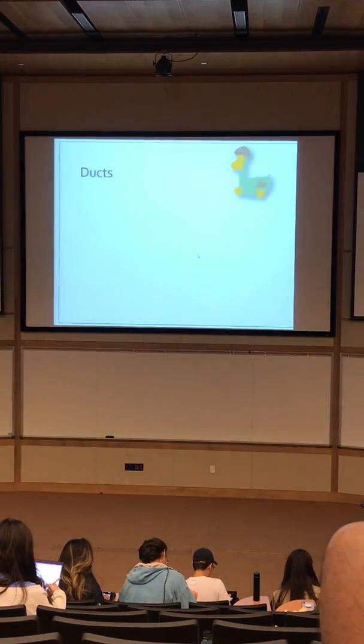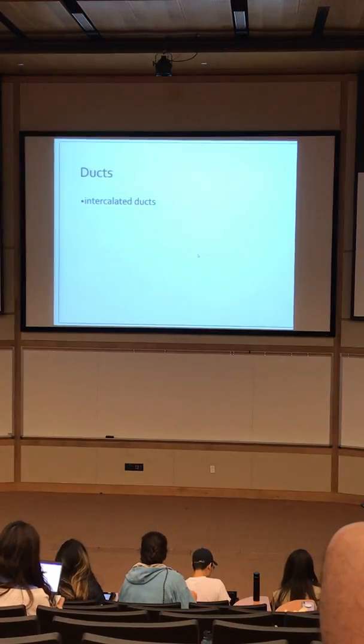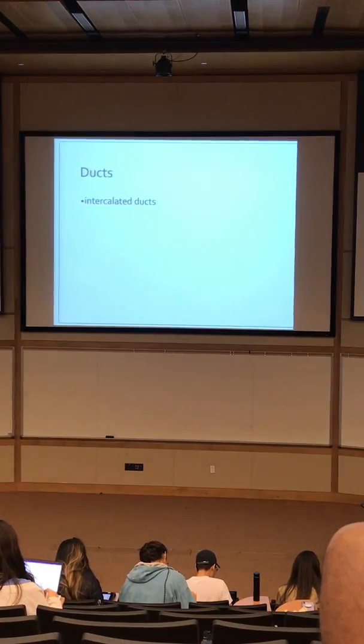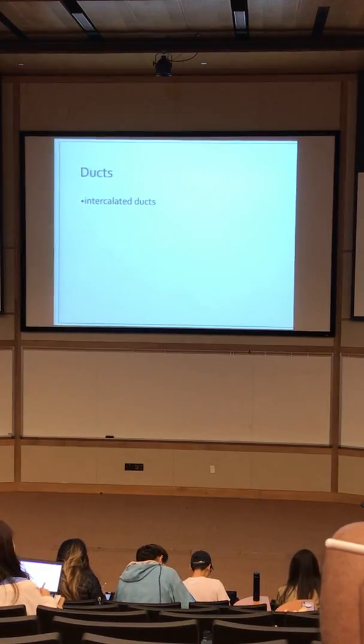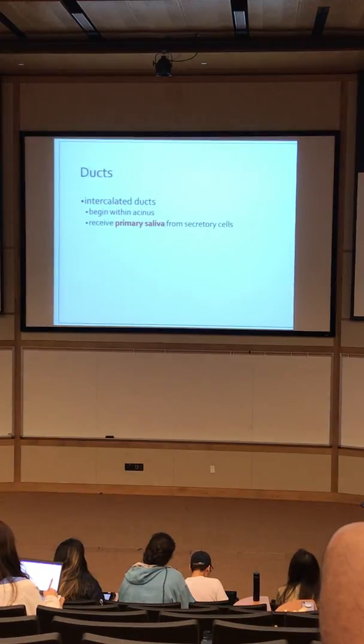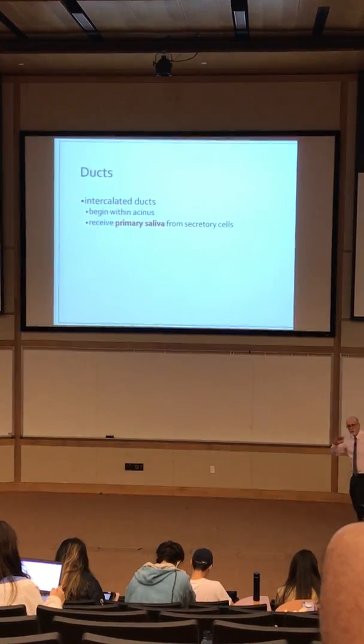Okay, let's talk about the ducts. We have the first smallest ducts, called intercalated ducts, just like we saw with the pancreas, because they're located between the acini. And so they begin within the acinus. They receive what we call primary saliva. So the saliva is going to be modified as it flows through the duct.